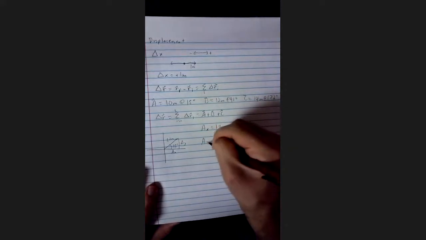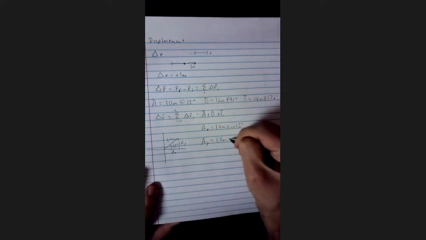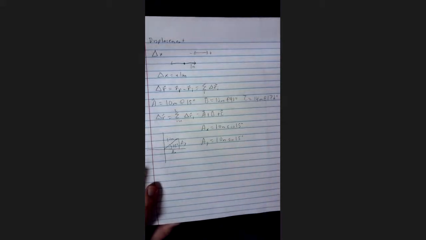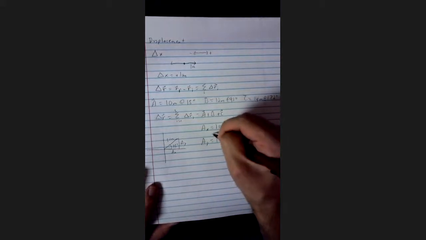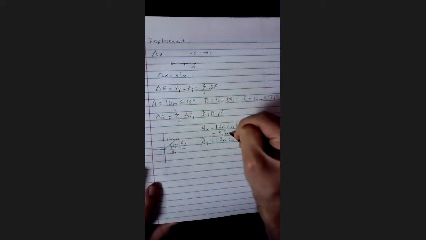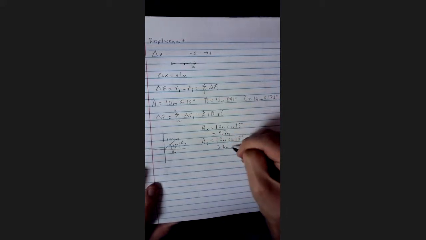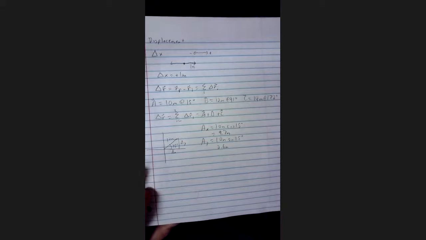And AY is our magnitude times sine of the angle from the positive x-axis. So if you plug this in your calculator, you'll get 9.7 meters for the x part and 2.6 meters for the y part. Now let's do vector B.